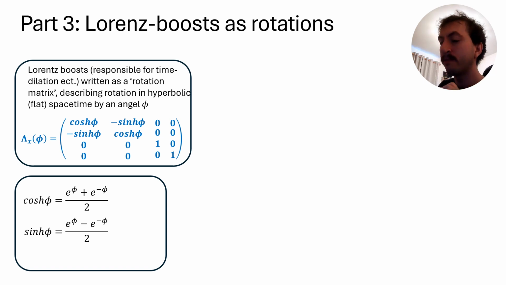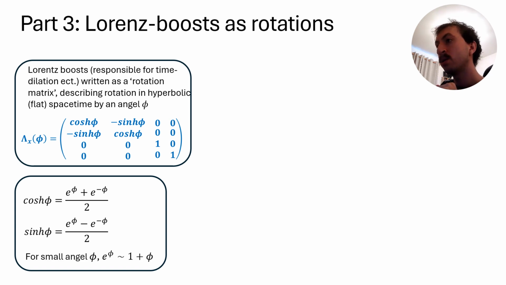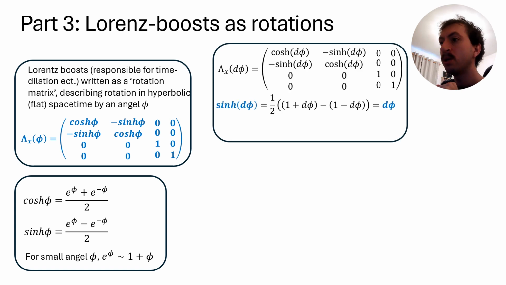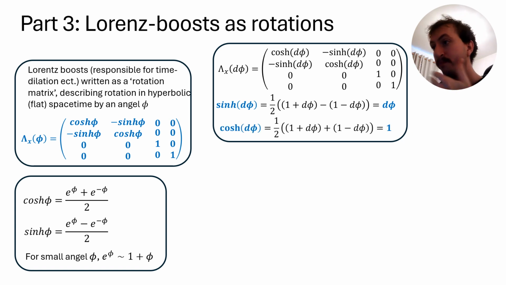Both have symmetry, but a different kind of symmetry. Maybe that's mildly off topic. The main thing is the definitions. And if we want to get an infinitesimal Lorentz transformation, we replace phi with d phi, and we're also using our definitions of sine and cosine to see that sine d phi should be just d phi, whereas cos of d phi should be 1.